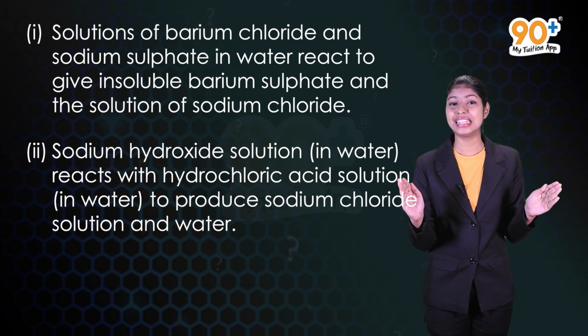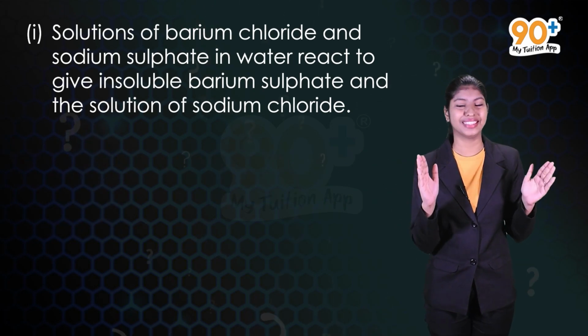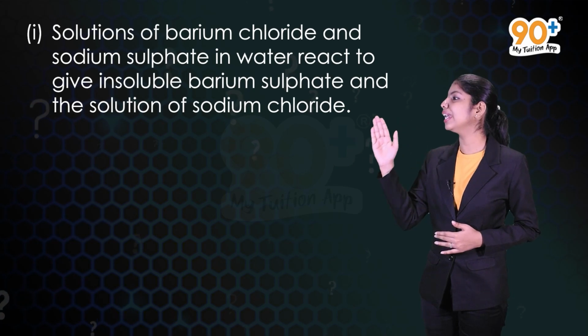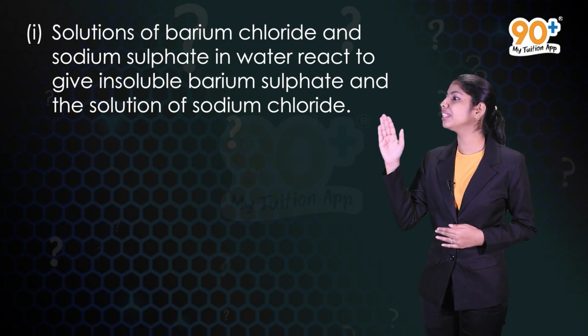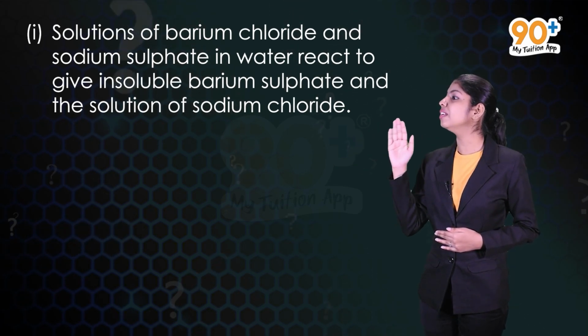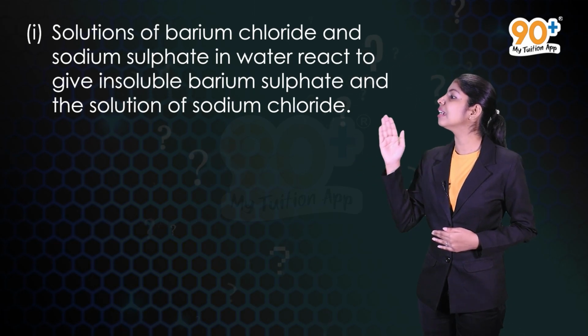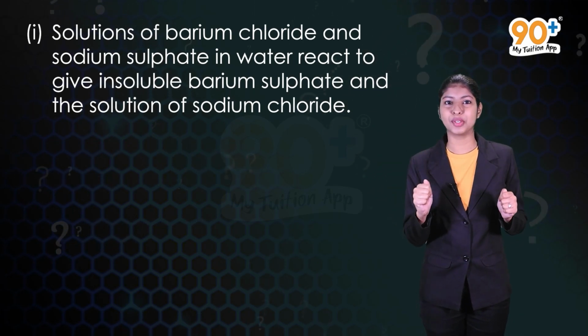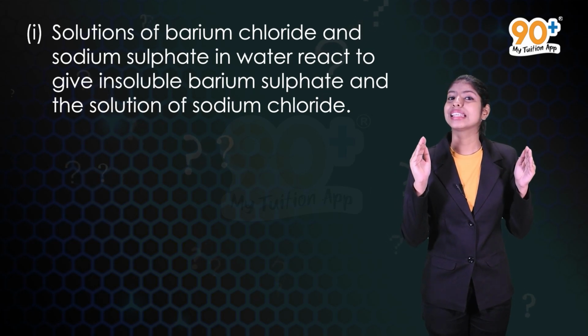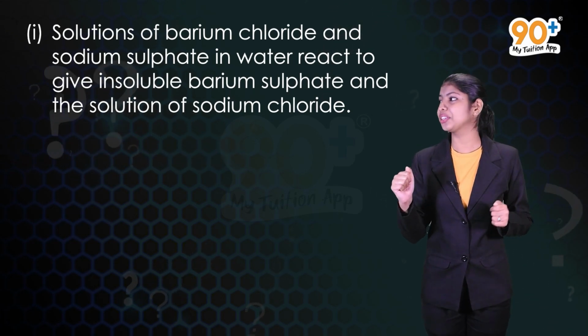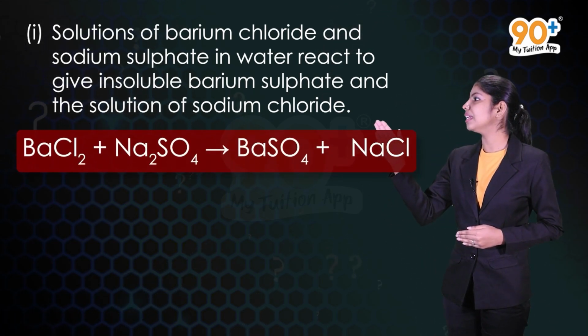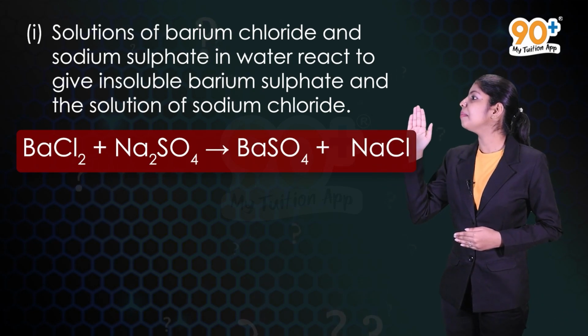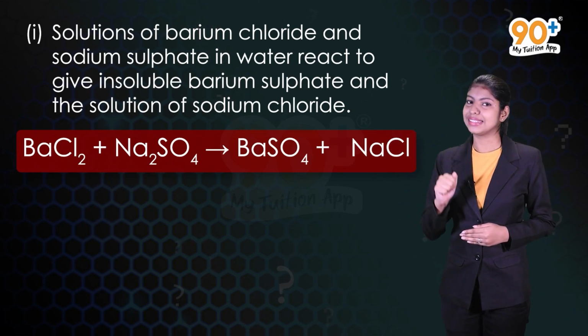Alright, let's consider the first reaction, that is solutions of barium chloride and sodium sulfate in water react to give insoluble barium sulfate and solution of sodium chloride. So we can write the chemical equation of this reaction as BaCl2 plus Na2SO4 gives BaSO4 plus NaCl.